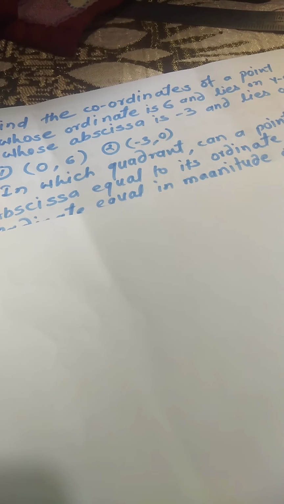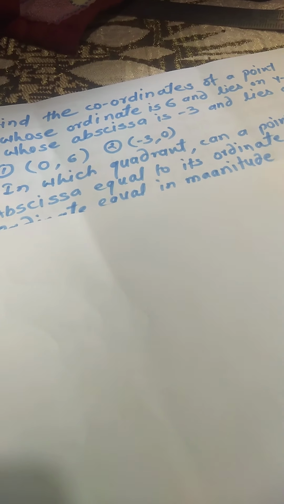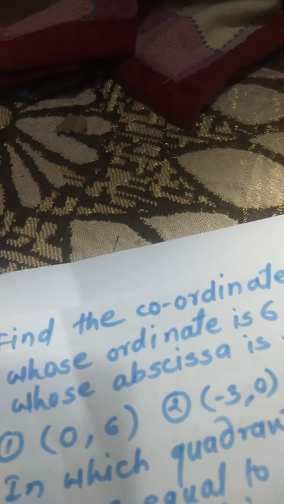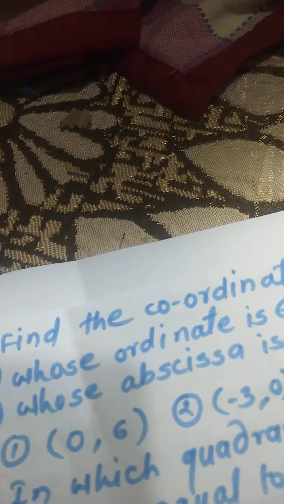Both are equal. Means 2, 2, 3, 3, 1, 1, -2, -2, -3, -3. Like this. For example, I am writing -2, -2 and 1, 1.